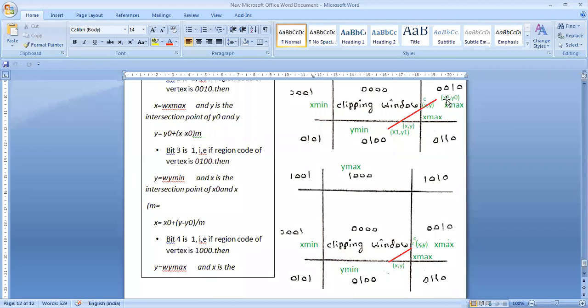I need to bring the x coordinate of this point to x max. So I will bring my x to wx max, that is x max. And what about my y coordinate? The y coordinate depends on the slope of the line. If I bring x directly to x max, then y I need to calculate using the slope.